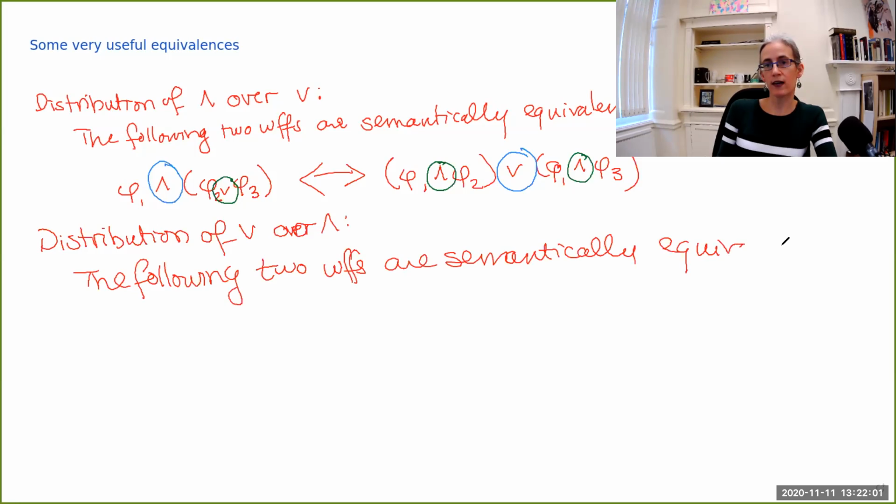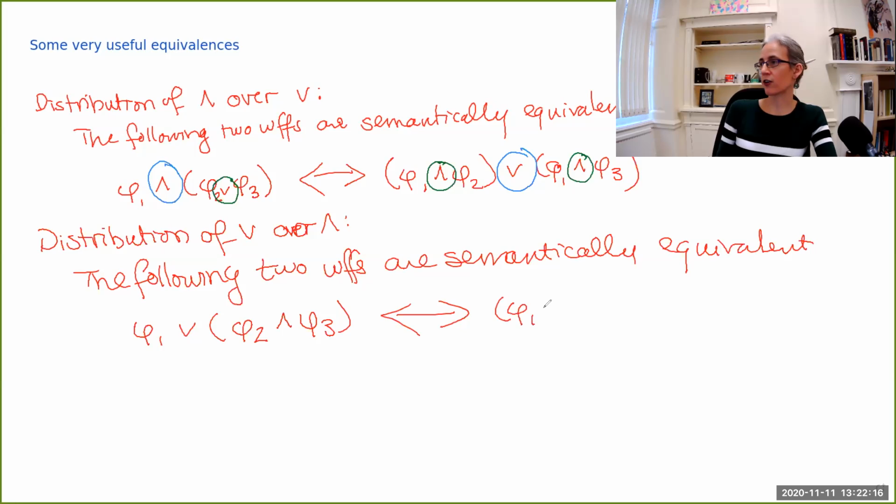They will always have the same truth value. And that is where we take a disjunction of phi1 and the conjunction of phi2 and phi3. This is going to be equivalent to the disjunction of phi1 and phi2 conjoined to the disjunction of phi1 or phi3.